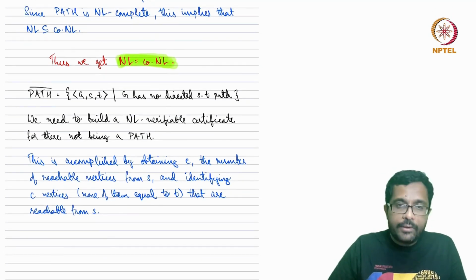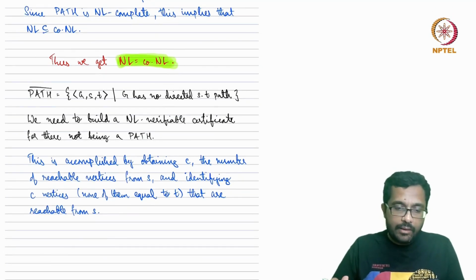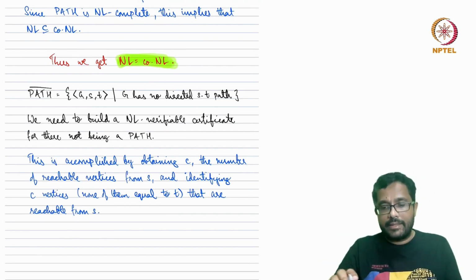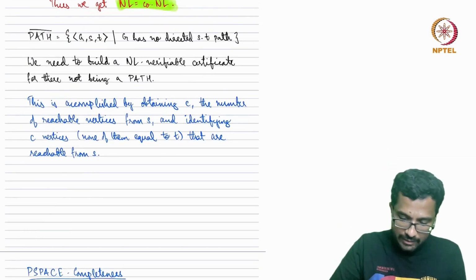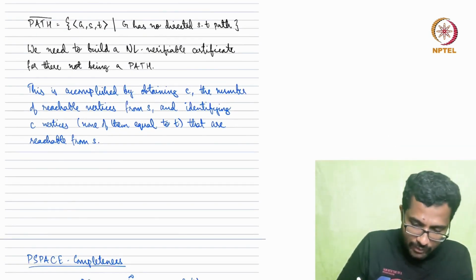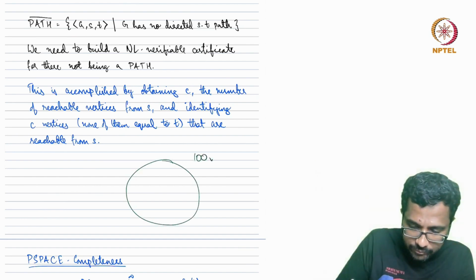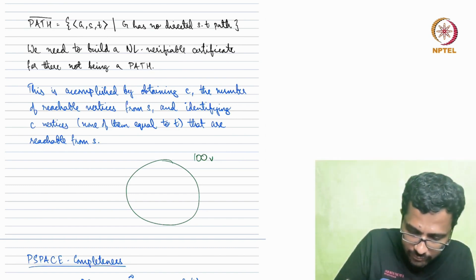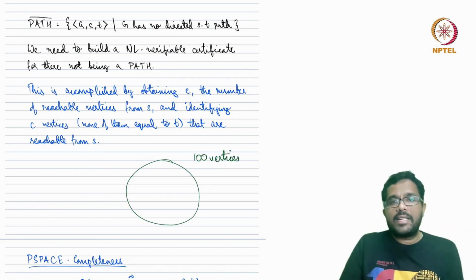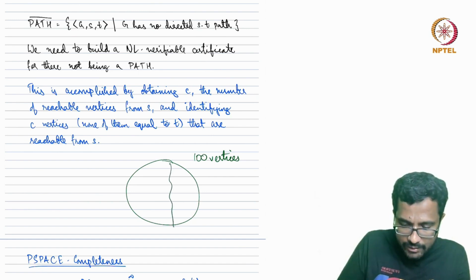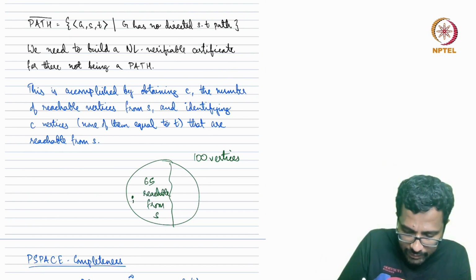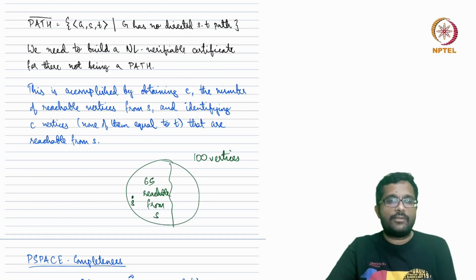And what the proof does is to determine the number of vertices that can be reached from S. So suppose the graph has, let's say, 100 vertices, and let's say only 65 of them are reachable from S. Of course, this will contain S itself, since S is trivially reachable from itself.